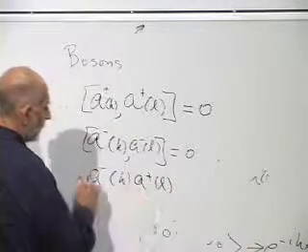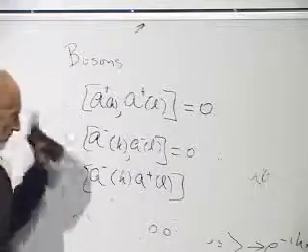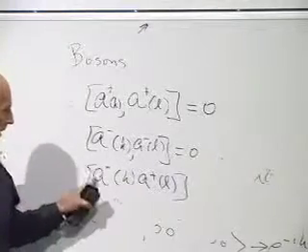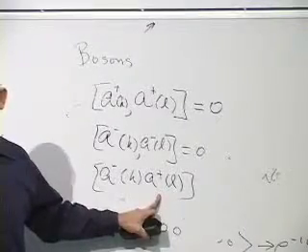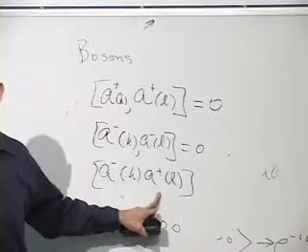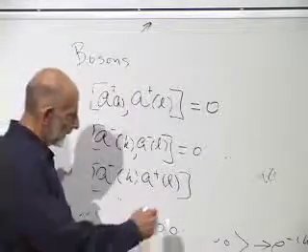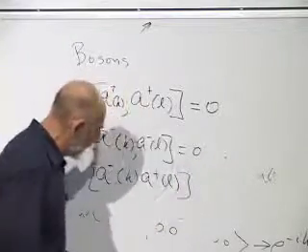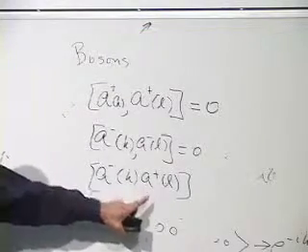Now, do you remember what we found for the harmonic oscillator when we did just one oscillator, A minus with A plus? We got one. This is 1 if k equals L and 0 otherwise.